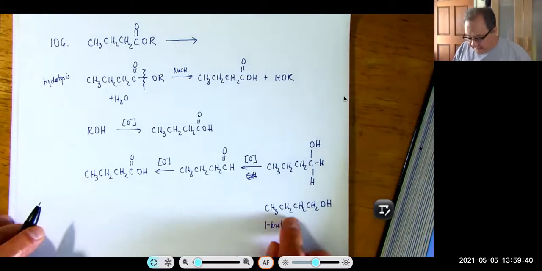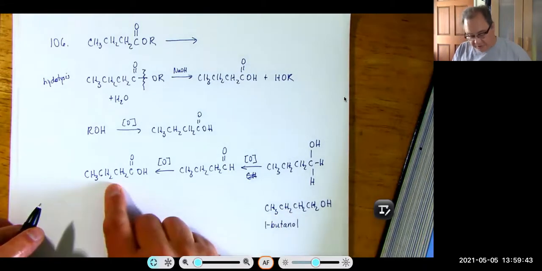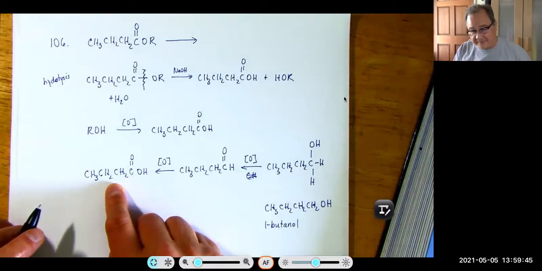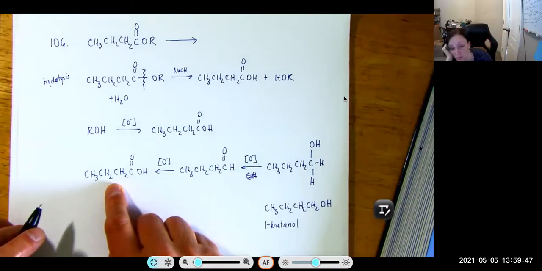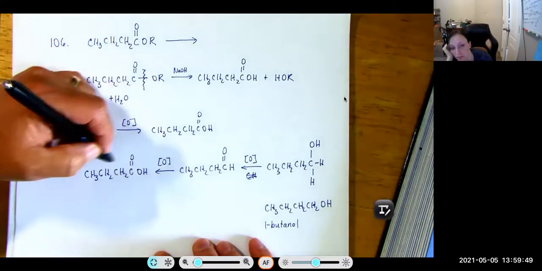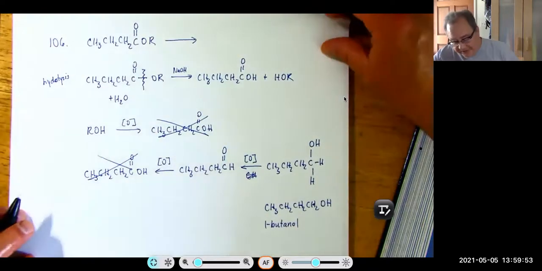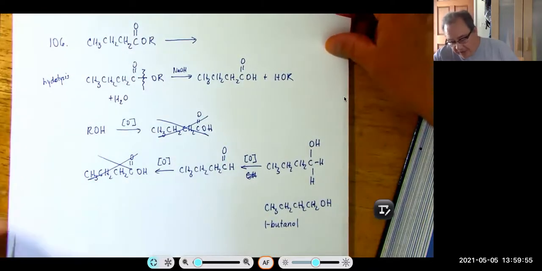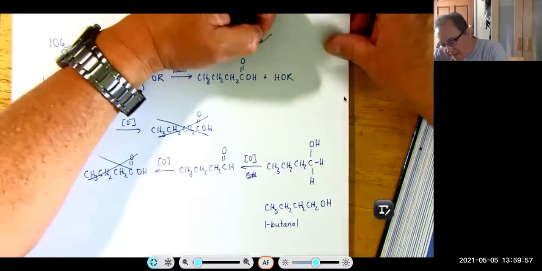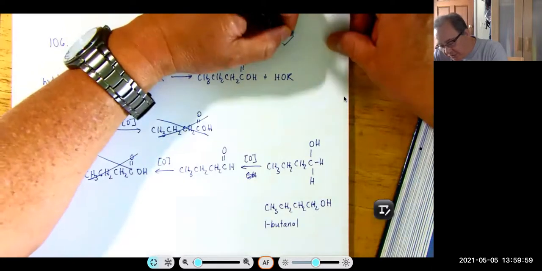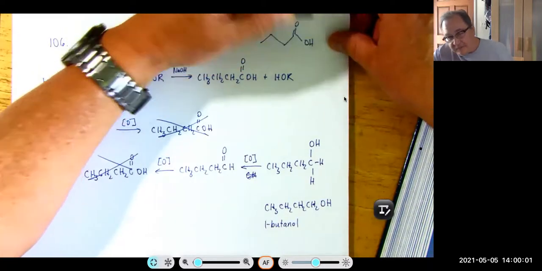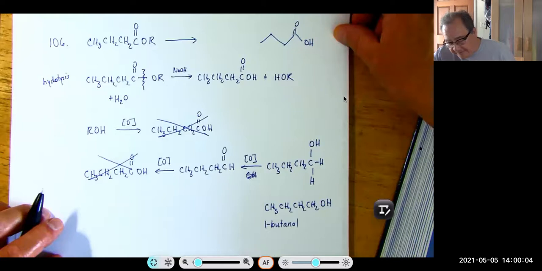So this is not a structural isomer of butanoic acid, is it? Alright. So we've got to start off with a structural isomer of butanoic acid. So how are we going to draw that? Well, I'm going to go back to my good old this. Here's butanoic acid. Can you draw a structural isomer of that?